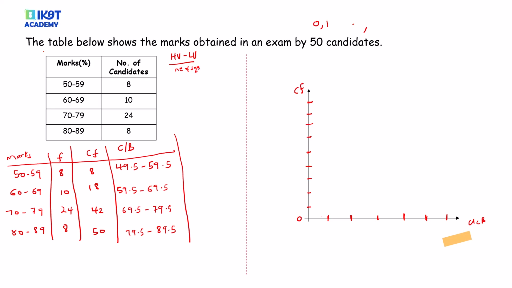But you should not cram the formula, so let me show you what it means. In the cumulative frequency, the highest is 50 and the lowest is 0. Then we count how many boxes: 1, 2, 3, 4, 5, 6, 7, 8, 9. Let's say 9. So 50 divided by 9.